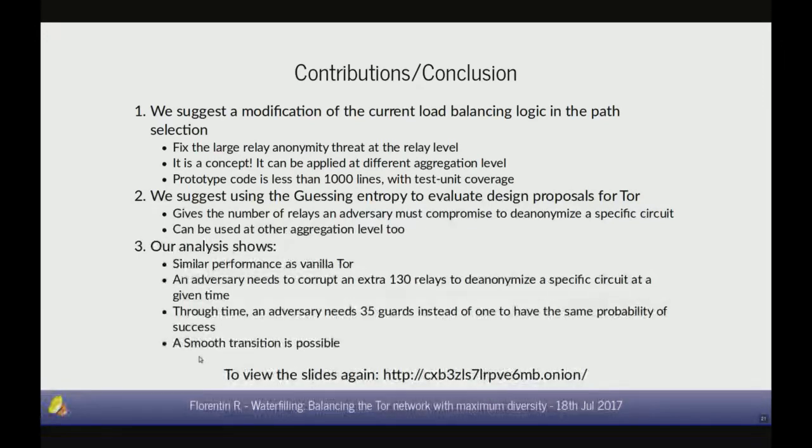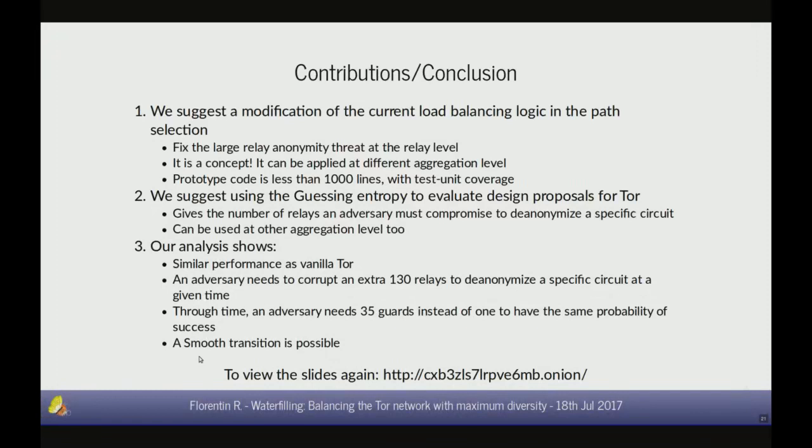For example, if you care more about network adversaries, we might aggregate all the relays by autonomous systems and then apply waterfilling on top of it. You should have this way the maximum diversity within the network. Also, the prototype code is less than 1,000 lines, so it makes no big change in the source code. That's pretty easy to add if you like it.